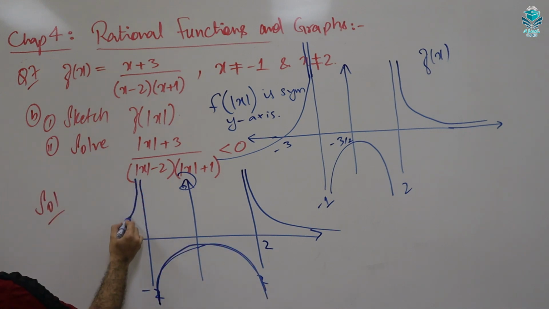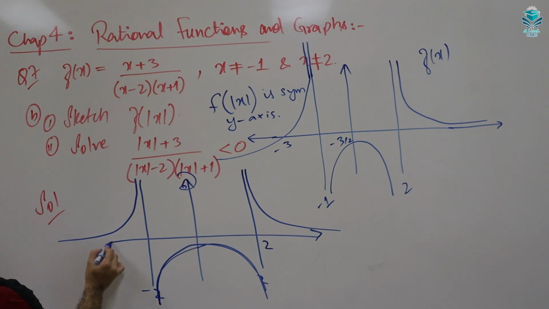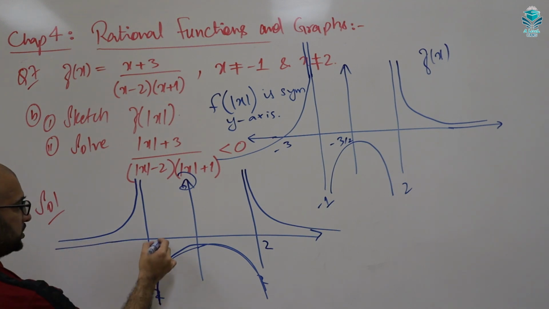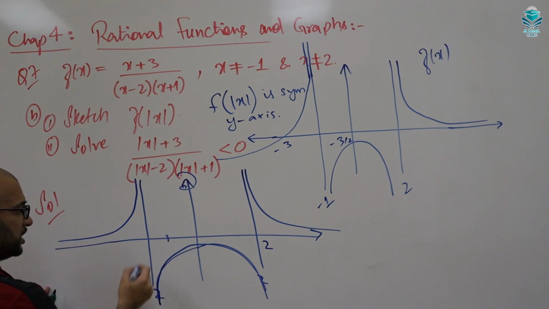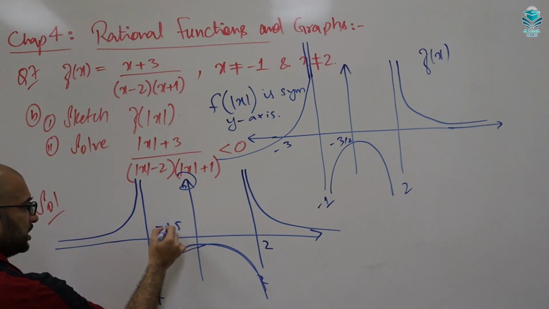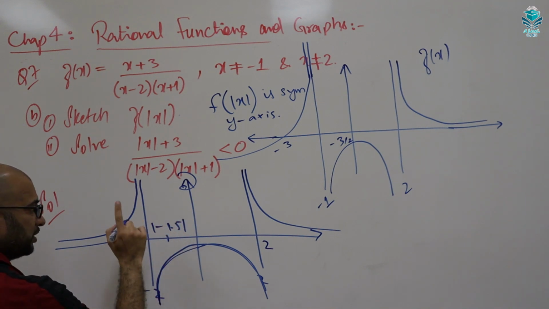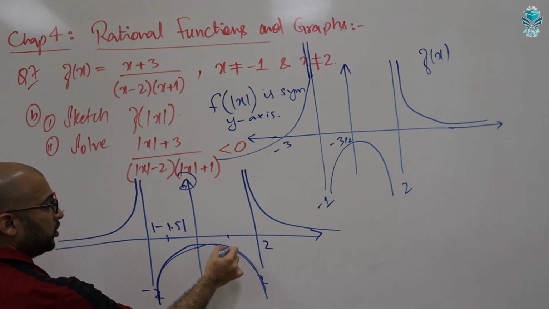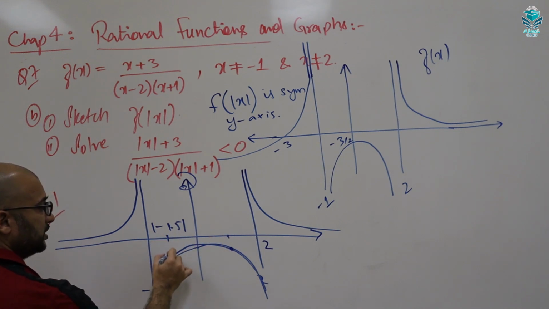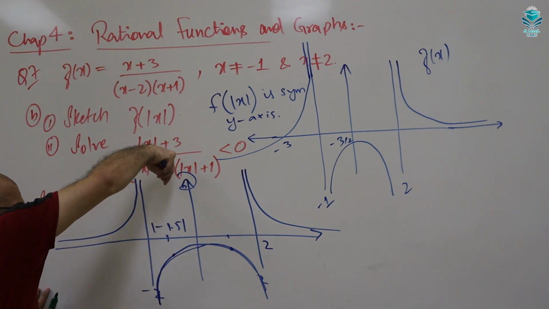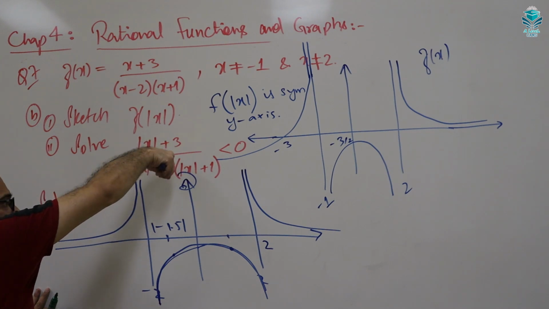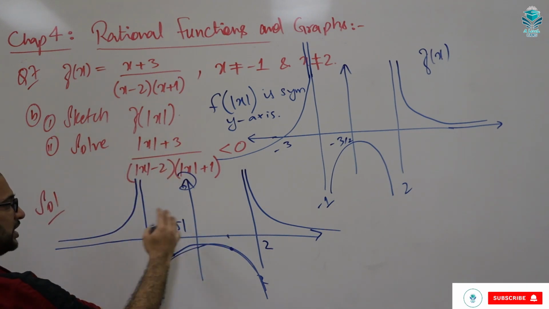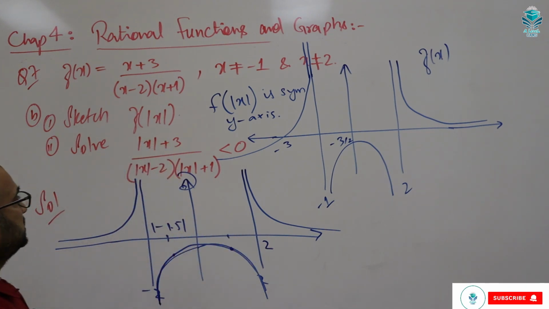And this branch is also the same, because when you choose, let's say, 1.5 and -1.5, its absolute value will be 1.5, and the value of the function is the same as here. Means you are switching the function about the y-axis, you will get the same reflection as you have on the right. So this is the sketching.